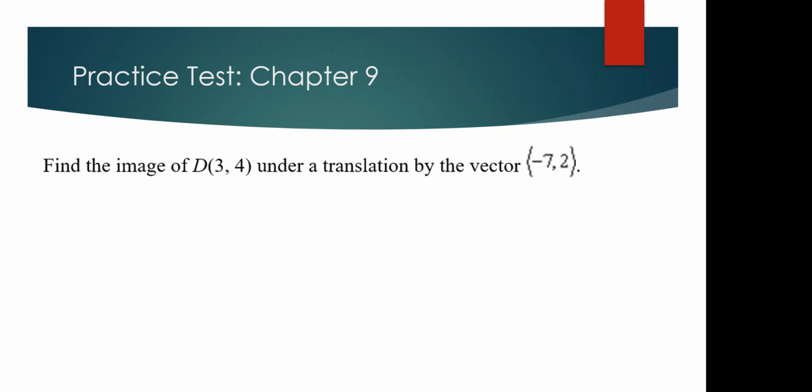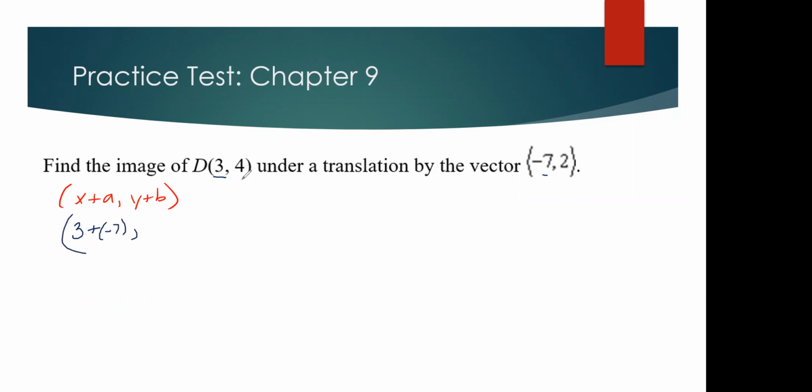And then this one says, find the image of point D, +3, +4 under translation by the vector -7, +2. So same thing. You're going to have several problems where you have to translate a vector. So you're going to use that same formula here. The x value of the point that you're given is 3, and the a value of the vector is -7.